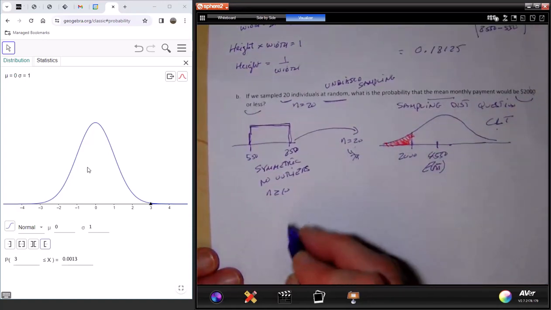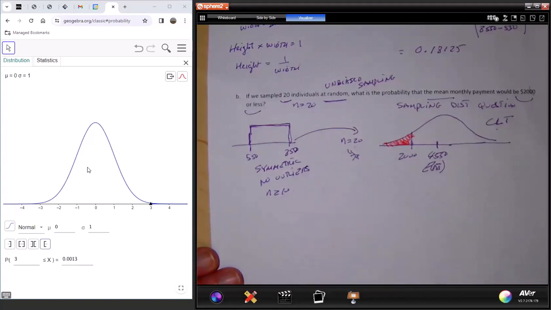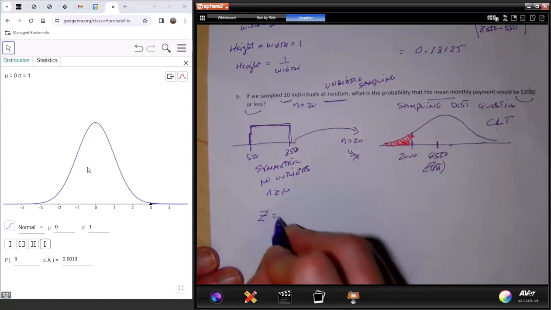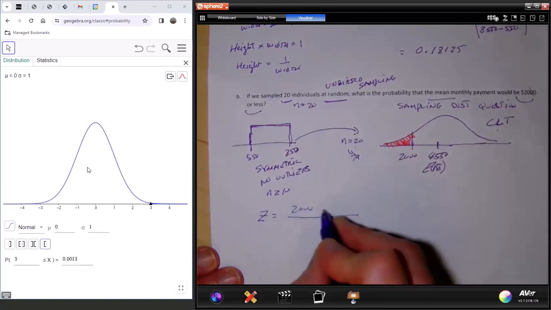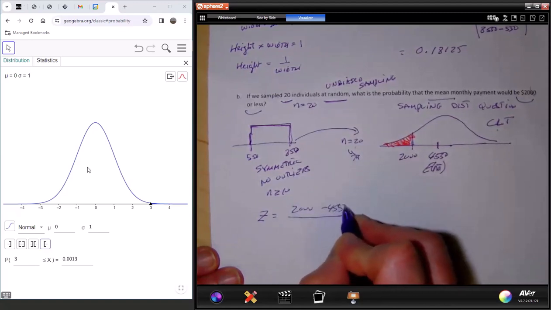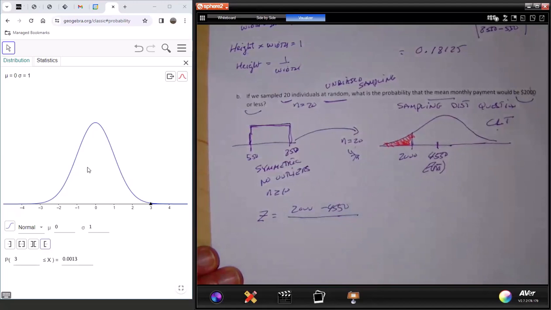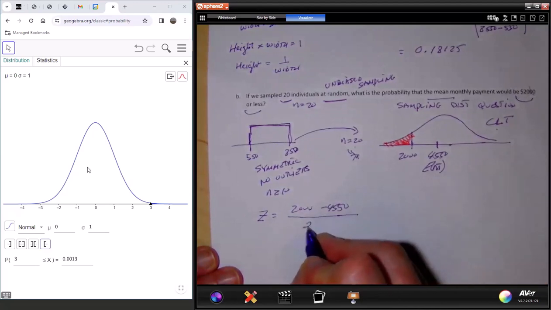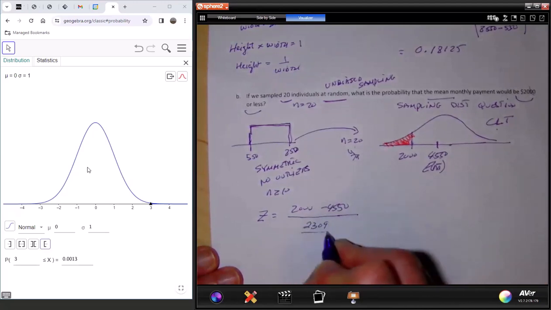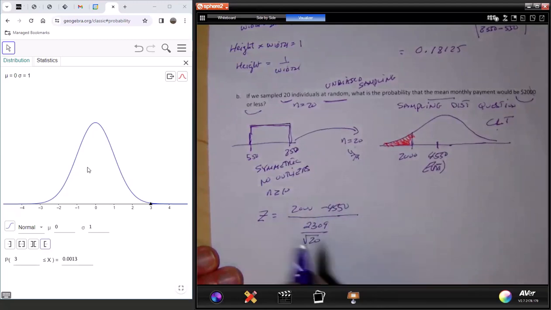Okay, so now we're back to finding my z. So it's back to 2,000 and 4550. Again, I can use the technology and come up with my number. And what's my standard deviation? Well, I need to take the population standard deviation, 2309, and divide this by the square root of my sample size, which is 20.